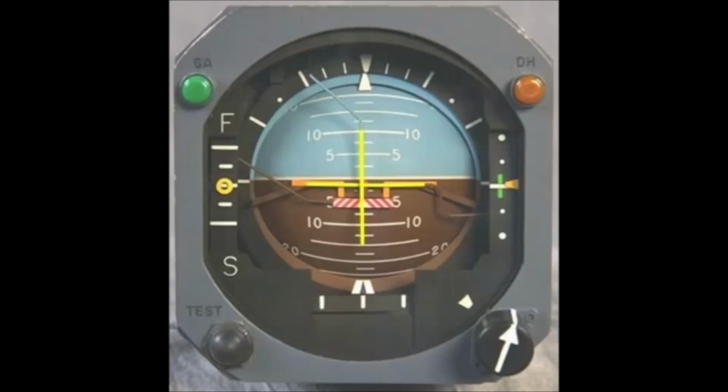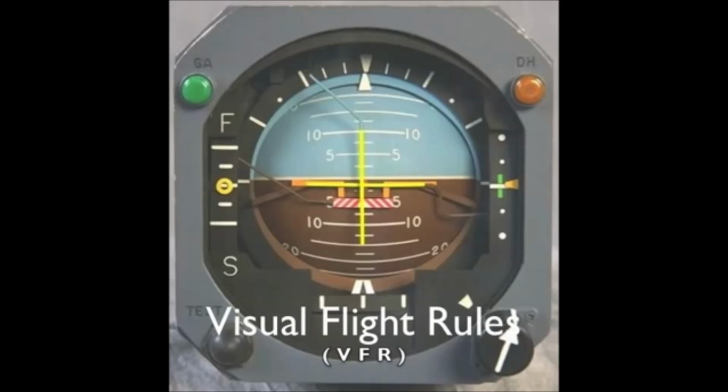It indicates pitch, fore and aft tilt, and bank or roll side-to-side tilt, and is a primary instrument for flight in instrument meteorological conditions. Attitude indicators also have significant application under Visual Flight Rules, VFR.